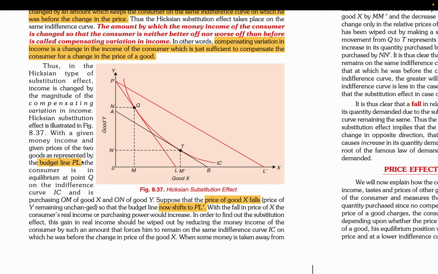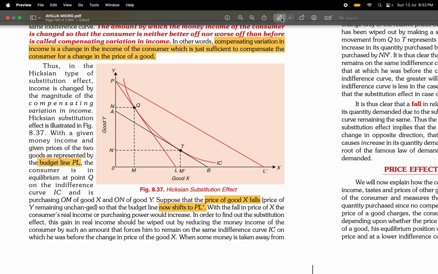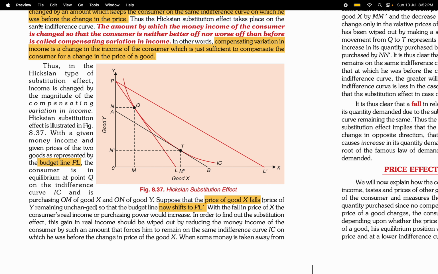First the budget line was PL. Now the price of good X has fallen, so you can basically buy more of that good.